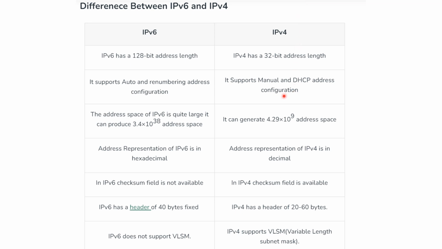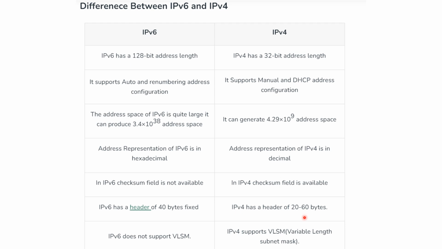The address of IPv6 is represented in hexadecimal, whereas IPv4 was represented in decimals. The IPv6 header has 40 bytes, whereas the IPv4 header has up to 60 bytes.